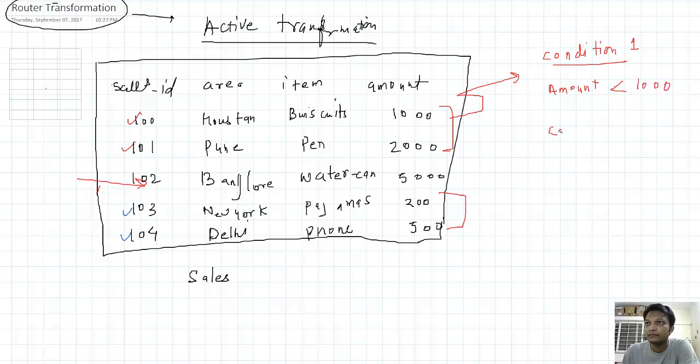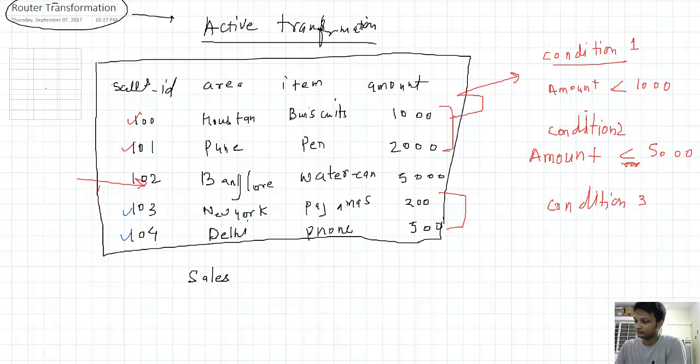Condition 2 will be amount less than 5000, and condition 3 will be amount greater than or equal to 5000.